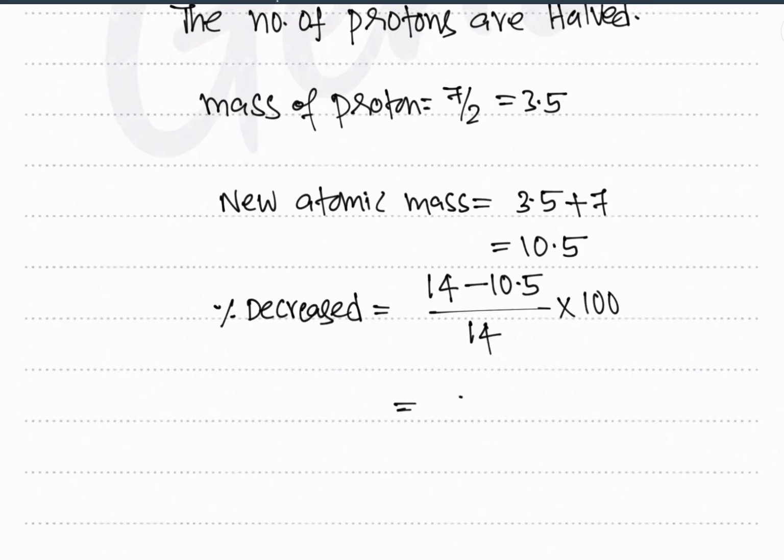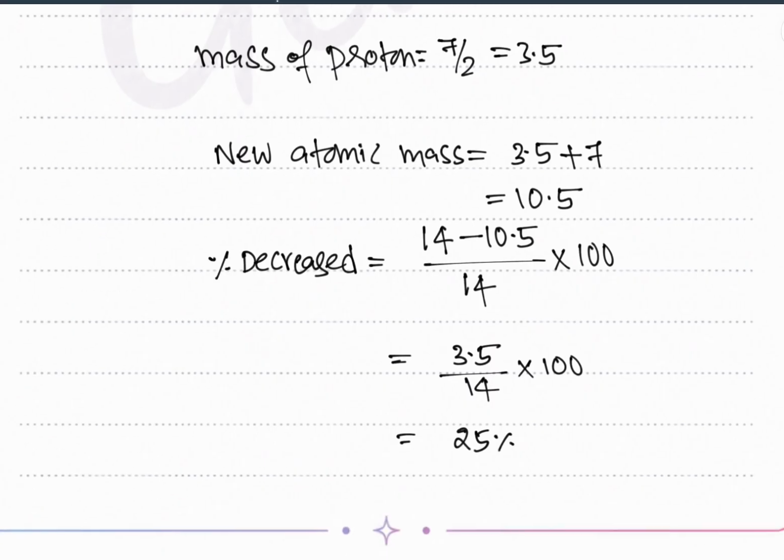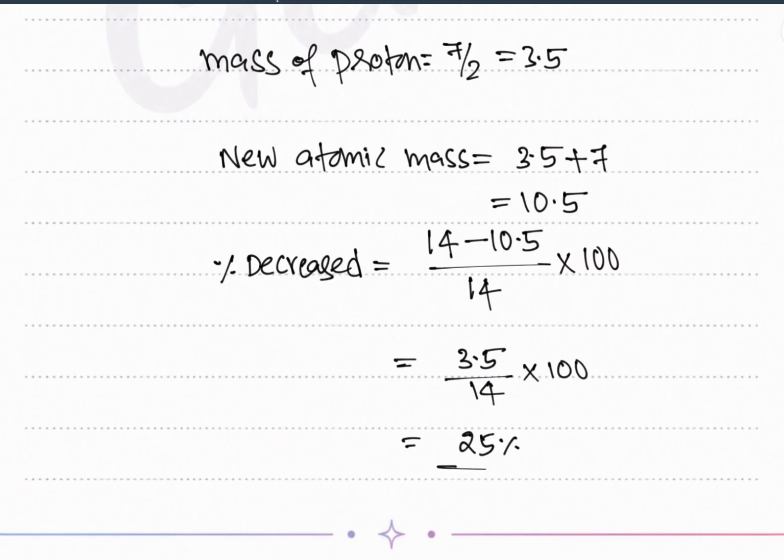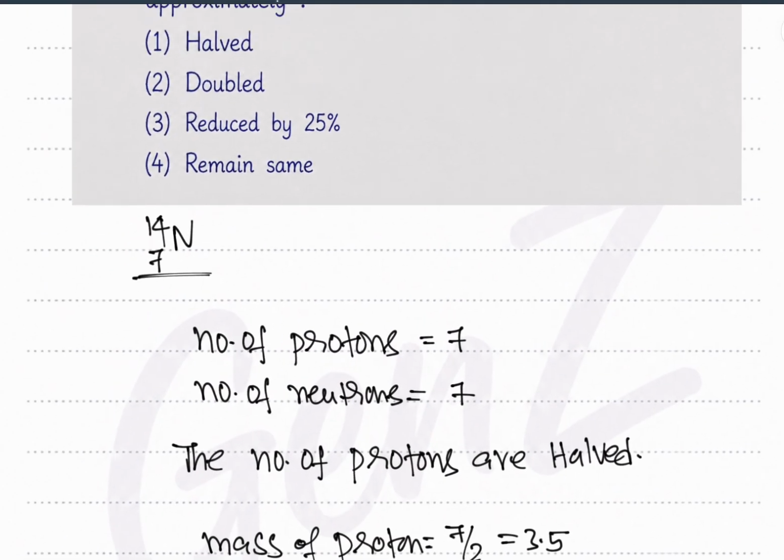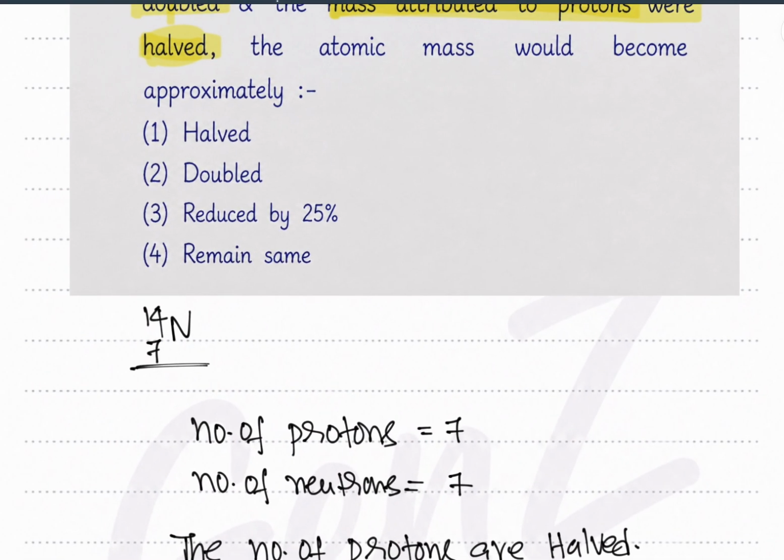This value is 3.5 divided by 14 into 100, which is 25%. That means the percentage decrease is 25%. So our option 3 is the correct option for this question. Next question.